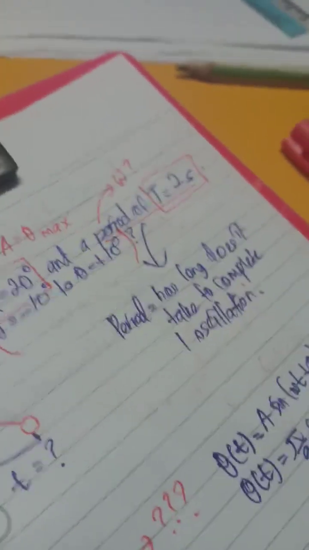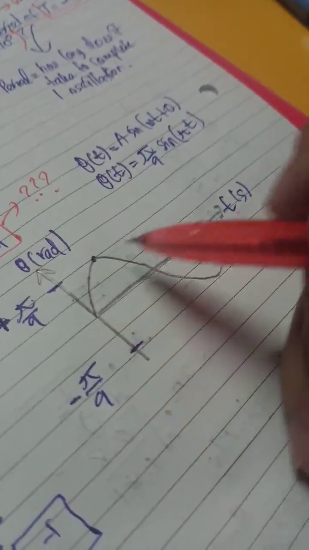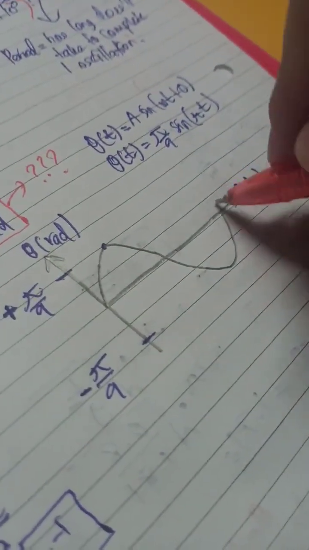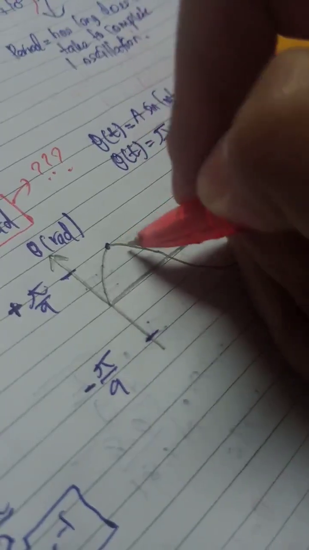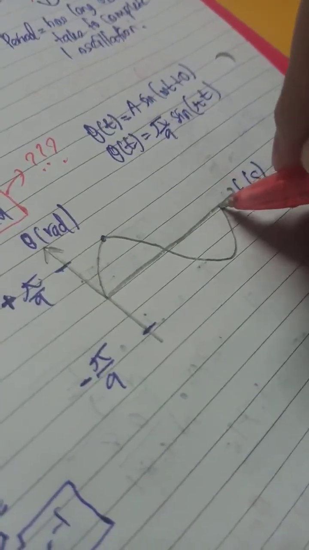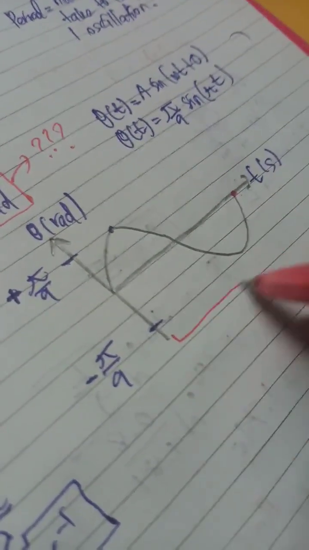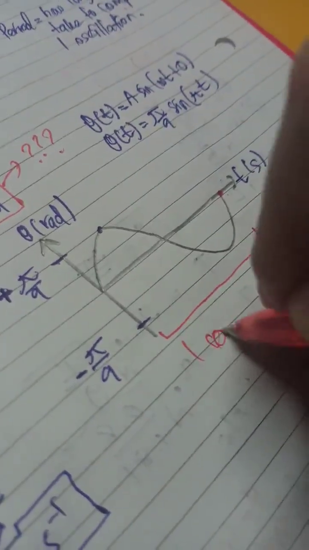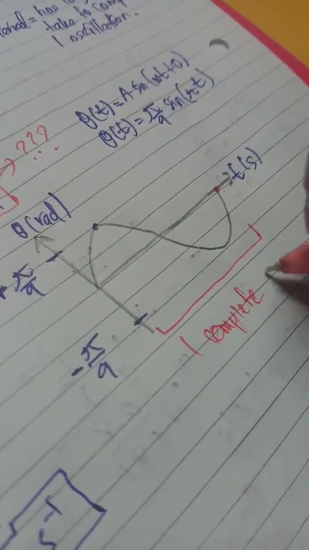Okay, so that means that here, as you can see, I draw a graph. Here is what we call one complete oscillation, from here and then here and here until here. This is what we call one complete oscillation.